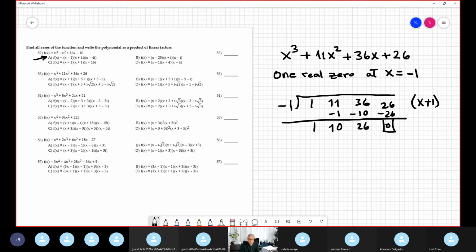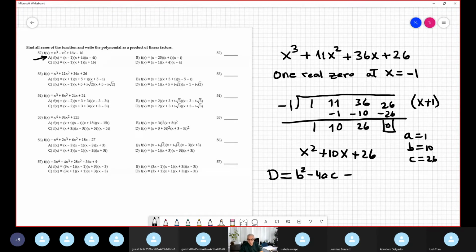Now I don't see any more real zeros. I suppose that x squared plus 10x plus 26 is an irreducible quadratic. You know the way: you compare the discriminant, b squared minus 4ac. In our specific case, a is 1, b is 10, and c is 26.